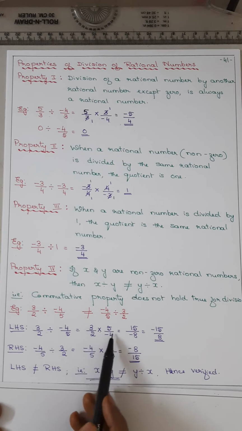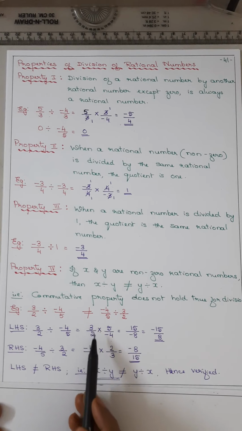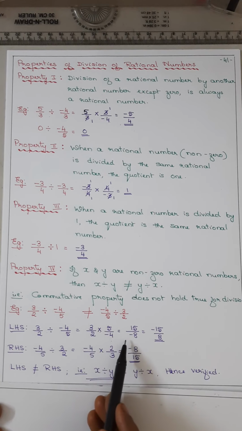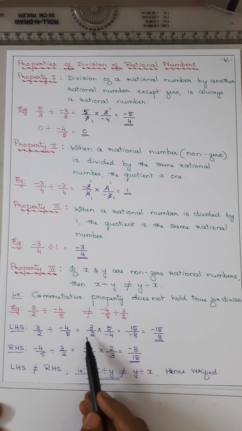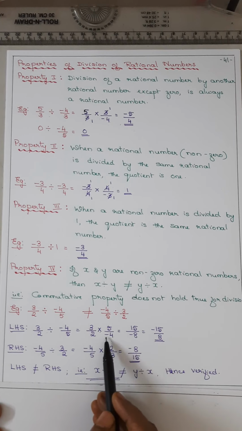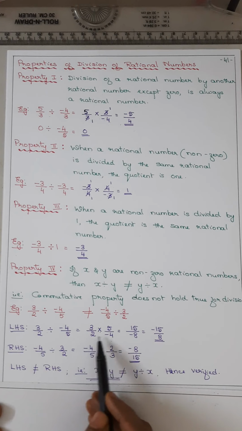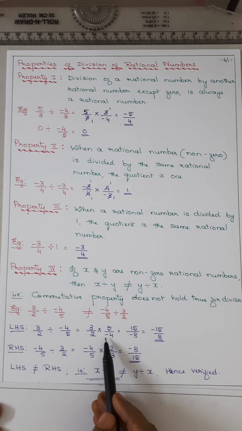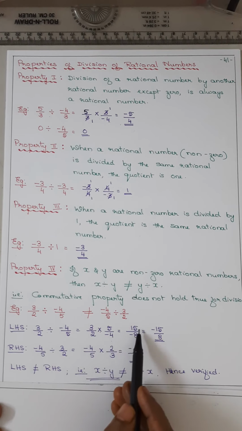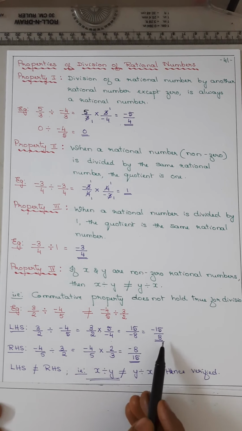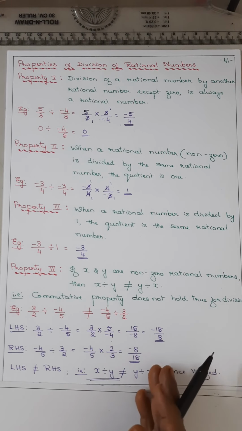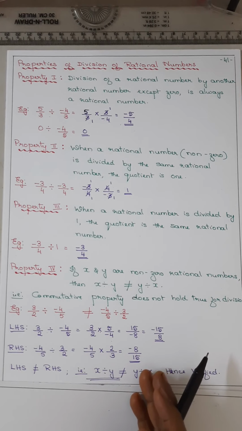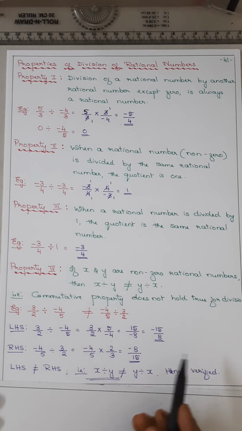Now cancellation is not there. Numerator, denominator, if we see, cancellation is not there. So 3 5s are 15, 2 4s are 8, but it is minus because different signs. Now the final answer is minus 15 by 8, because the negative sign you have to take to the numerator for the final answer.